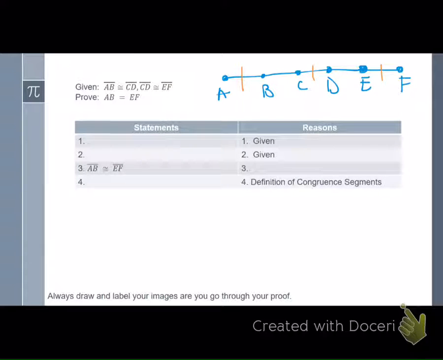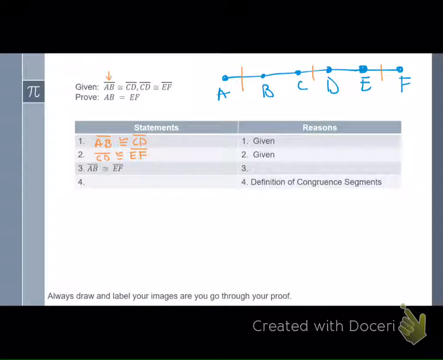So Morgan, what should go in number 1? Yeah, so AB is congruent to CD. And then CD is congruent to EF. So notice I have the line markings over it when it's congruent.